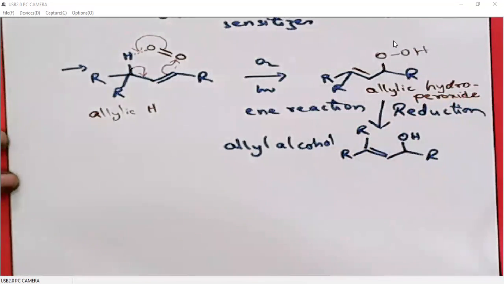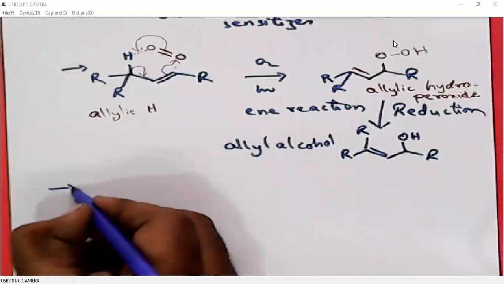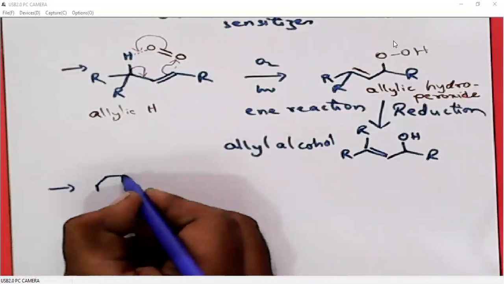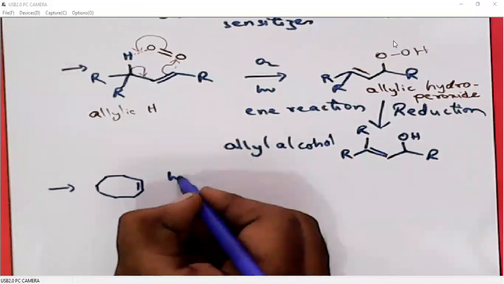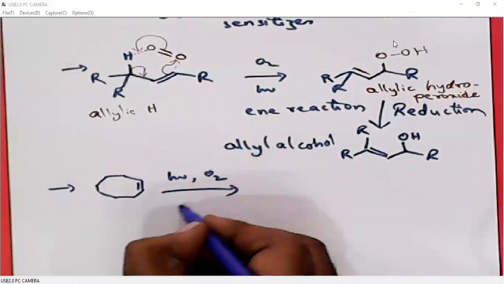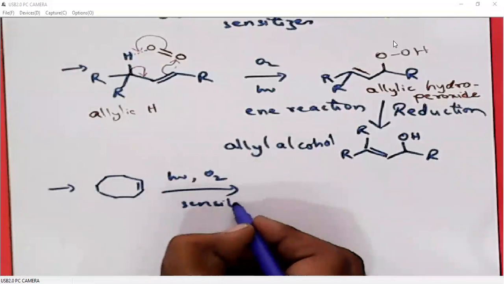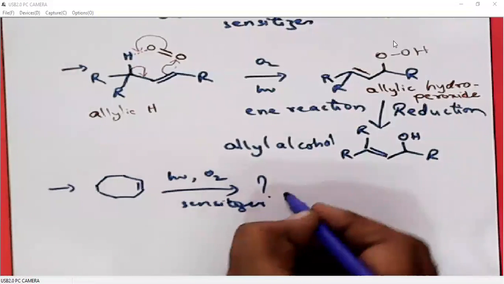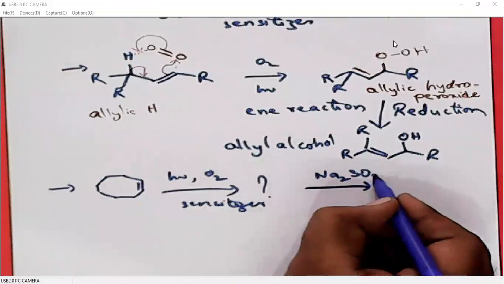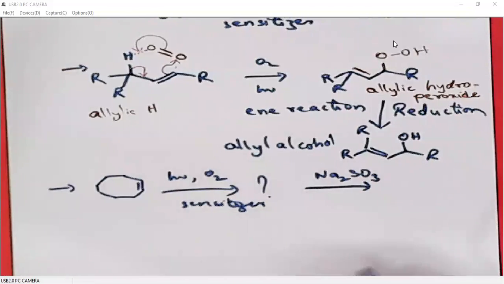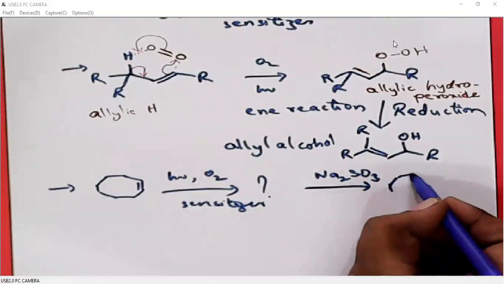This allylic hydroperoxide upon reduction will give us allylic alcohol. Now you write the product. When it is reduced with sodium sulfite, what will we get? We will get an allyl alcohol.